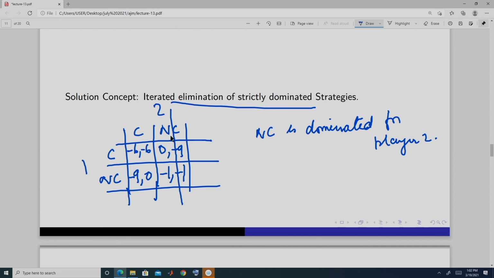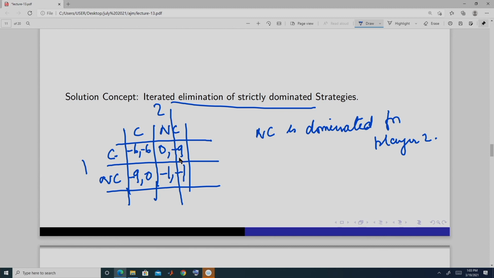So, we have eliminated the dominated strategy. That means you specify an action or a strategy of player 2 and you look at all the possible actions that player 1 can take. It can choose C or it can choose NC. If it chooses C, it will get this. If it chooses NC, you have to compare this. In all these comparisons, -9 is smaller than -6, and -1 is smaller than 0.